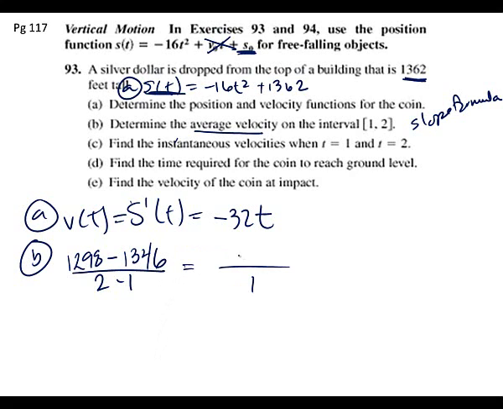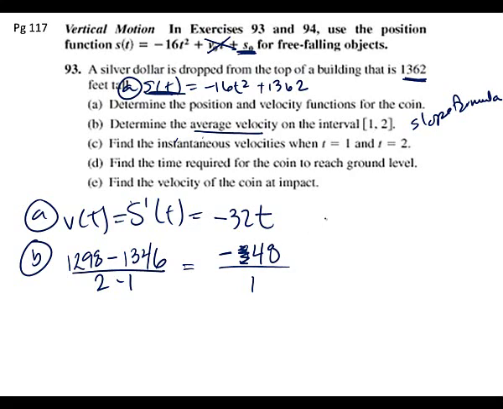1298 minus 1346 is? It's negative, yes. 30, 40. It's got to be more than that. Did anybody get it? Negative what? 40. It shouldn't be 12. 48, we think? 1296 minus 1346.